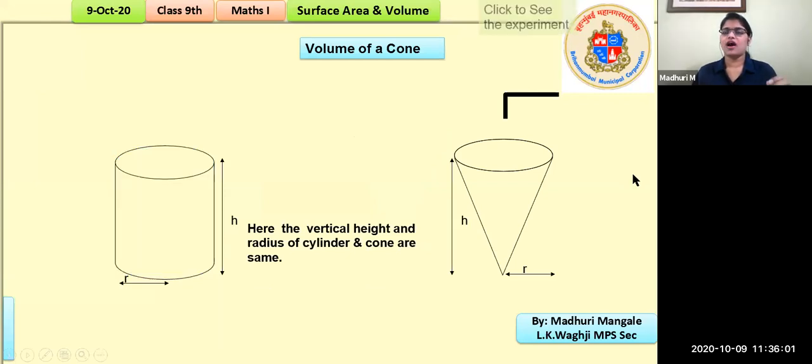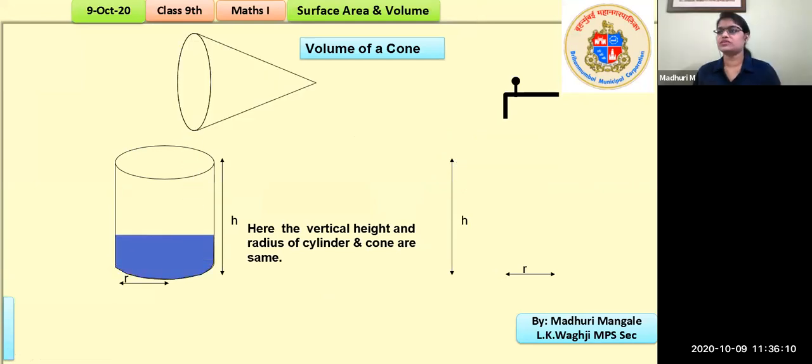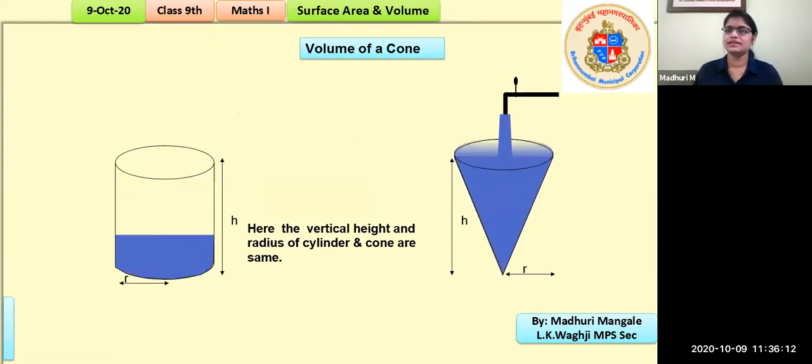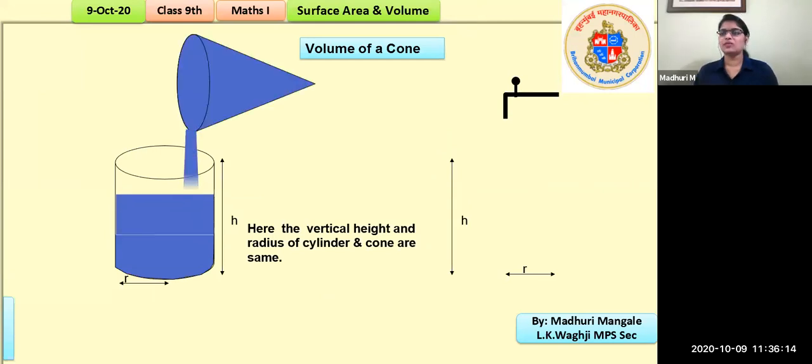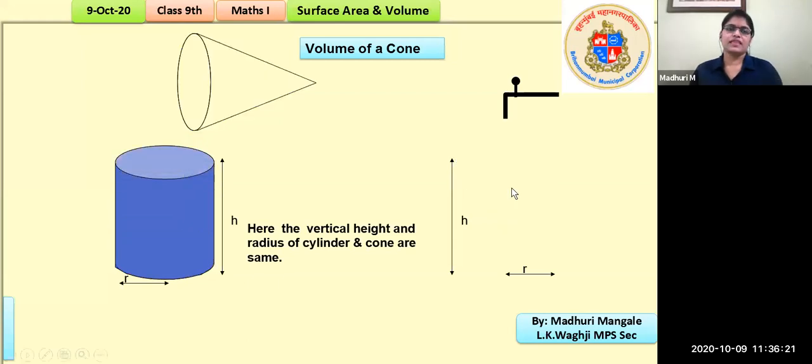We are filling the cone, and how many times is the cone equal to the volume of the cylinder? So it is 3 times. Always remember this: 3 times the volume of the cone is equal to the volume of the cylinder.